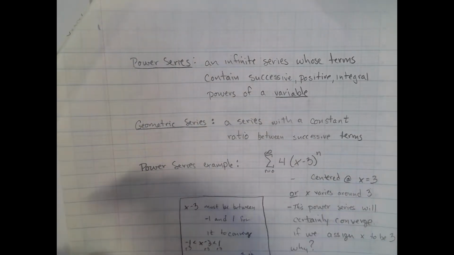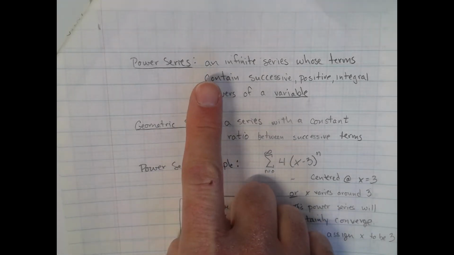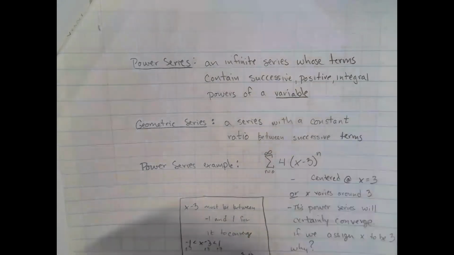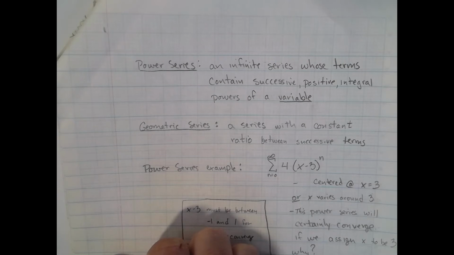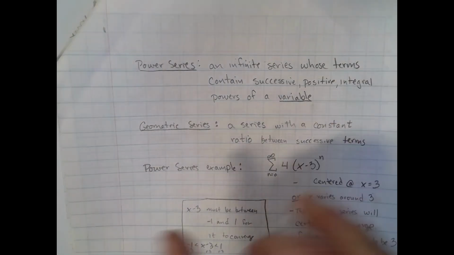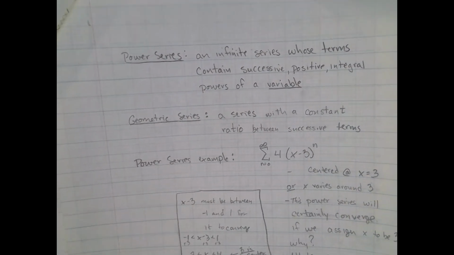Power series have x's in them, and if you assign x to be a number, then many times they become a geometric series. A geometric series usually just has numbers and n's. Power series have x's. Keeping them apart is not all that important either.